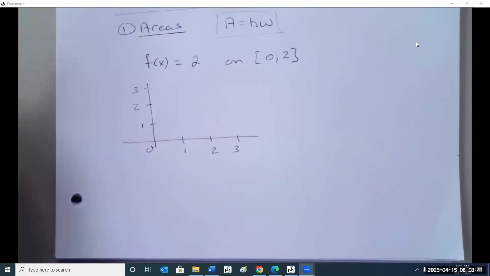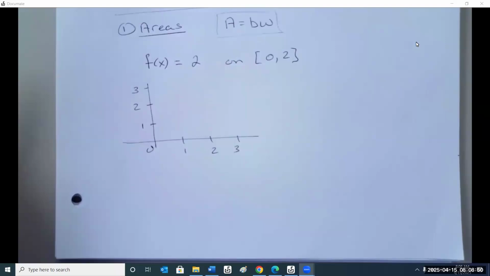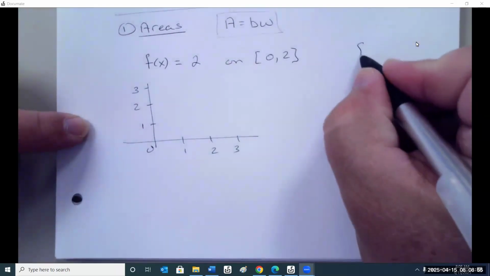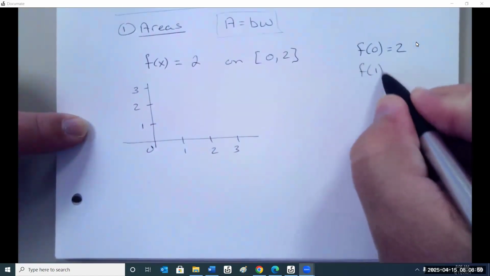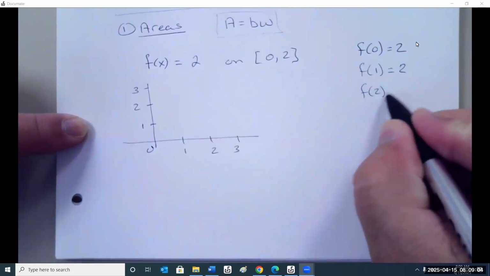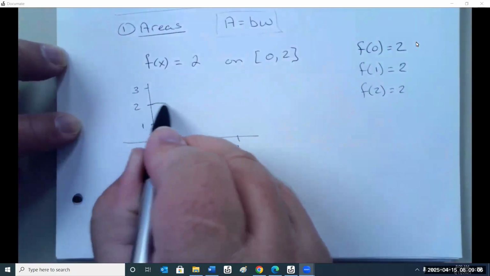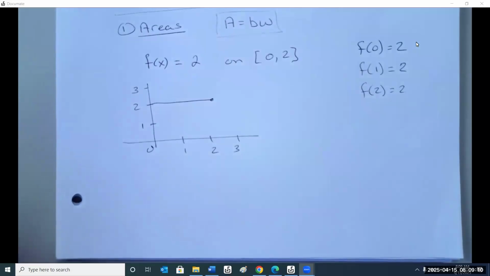Work out some points if you don't know. Plug in some points. Remember, we're between 0 and 2. What is the function at 0? At 0, the function is 2. What is it at 1? It's also 2. What is it at 2? It's a horizontal line.